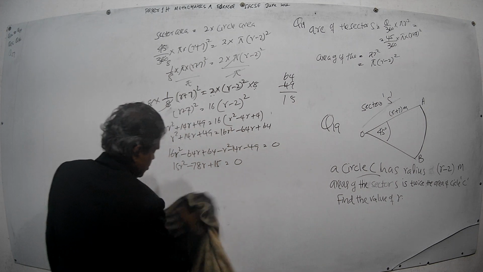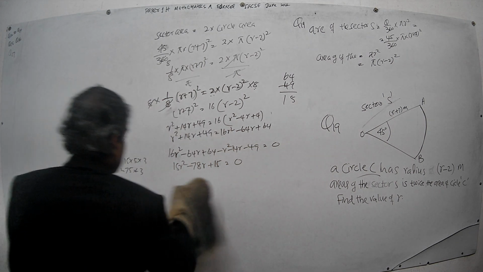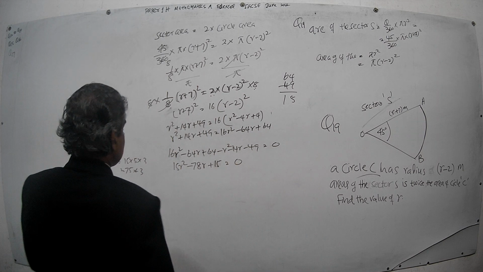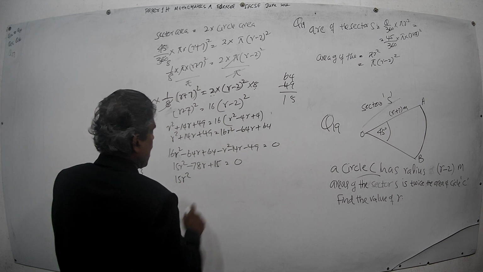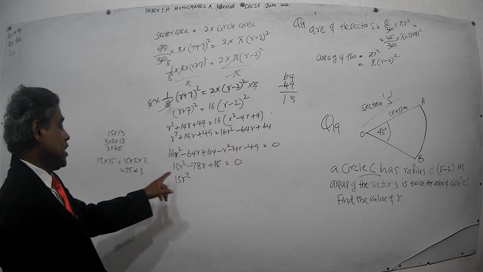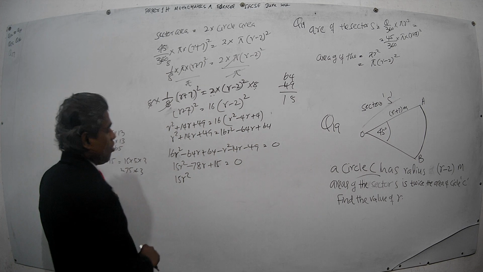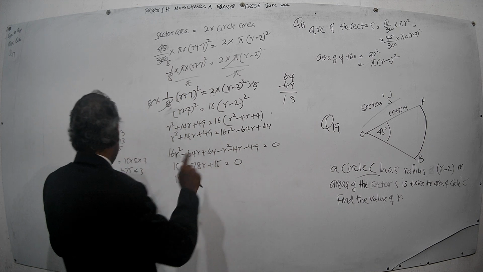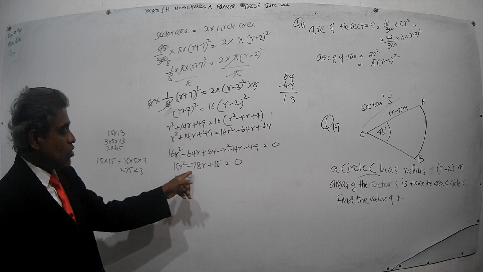Then we apply the factorization. 15r squared. When there's a coefficient of the square term, the coefficient of the square term should be multiplied by the constant term, and we find the factors of that product so that the sum of the factors is the coefficient of the middle term.